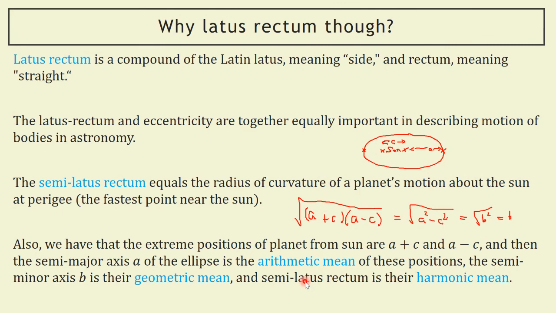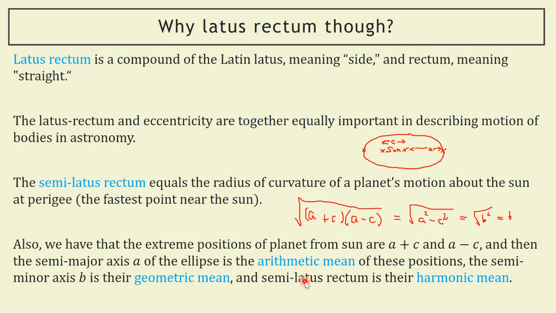Then take the reciprocal of that answer, and you've got the harmonic mean. See if you can prove that the semi-latus rectum is the harmonic mean. Do the reciprocals of A plus C and A minus C, take the average of those reciprocals, and then take the reciprocal of that.